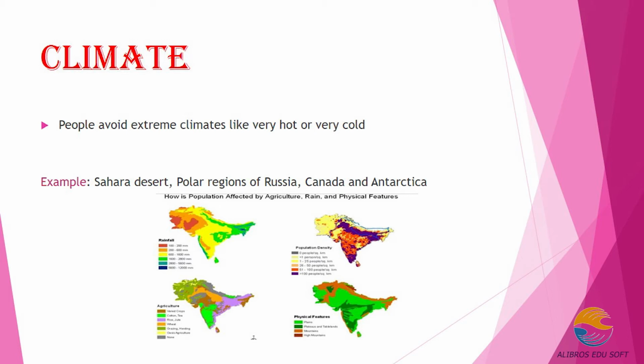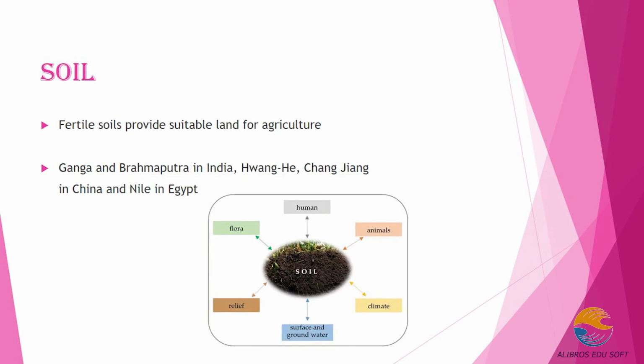People will not live in Arctic or Antarctic regions mostly. There is less population in desert areas, for example the Sahara Desert. Some examples of different climatic regions are the Sahara Desert, which is the third largest desert in the world, the polar regions of Russia, especially the tundra region of Russia, Canada and Antarctica.